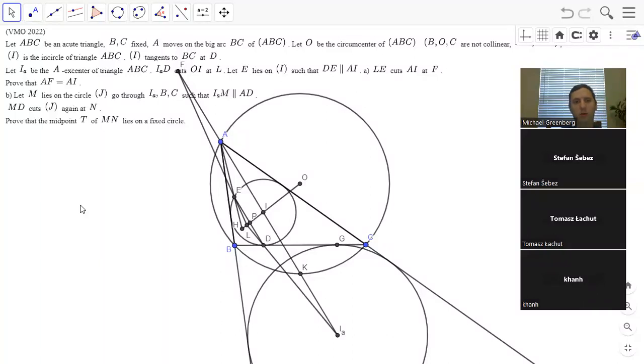That's one way. So OI is perpendicular to the radical axis of those two circles, obviously.